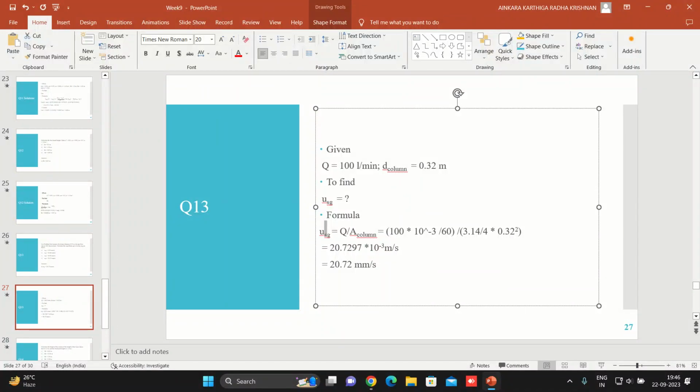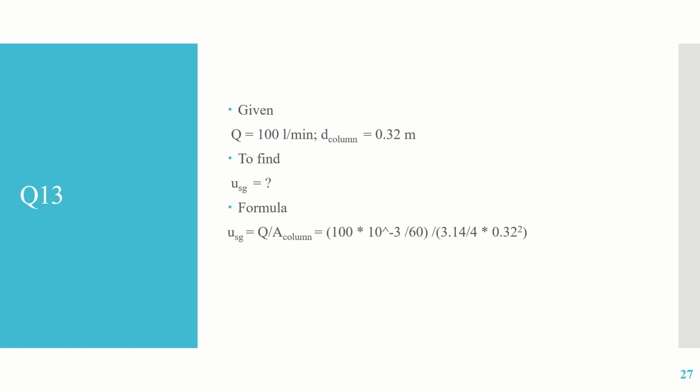That is meter cube per second divided by meter square, so on dividing we get meter per second, which is the unit of velocity. So U is nothing but Q by A, where Q is the flow rate and A is the cross sectional area. So finally we are getting the value as 20.72 into 10 power minus 3 meter per second, or 20.72 mm per second, because in the question we are asked to give the answer in mm per second.